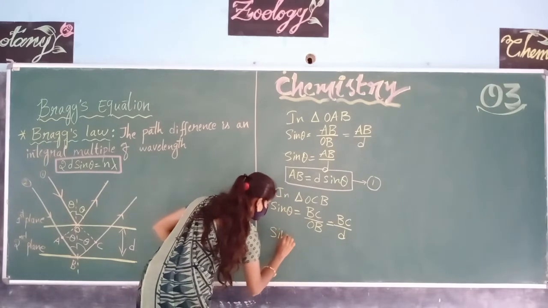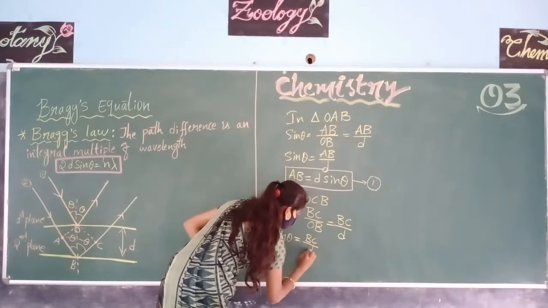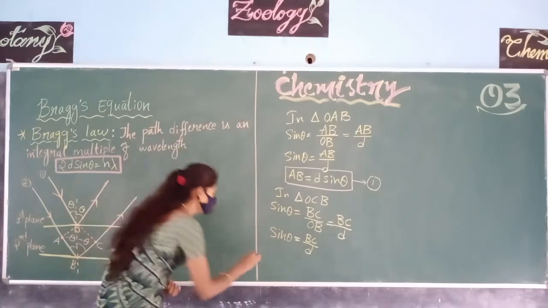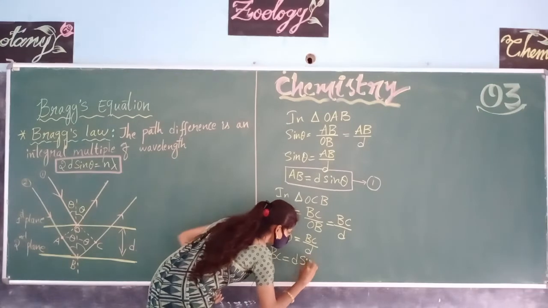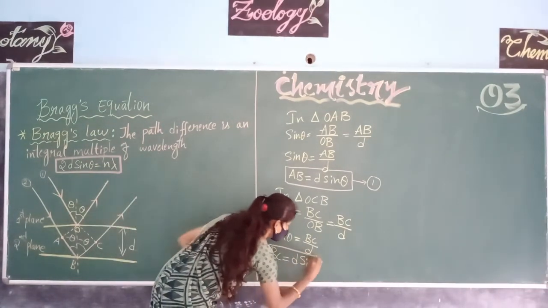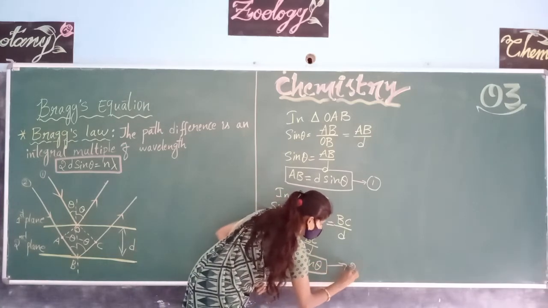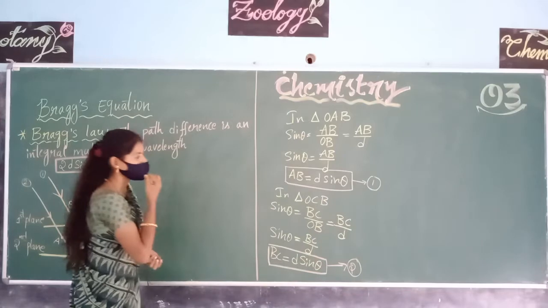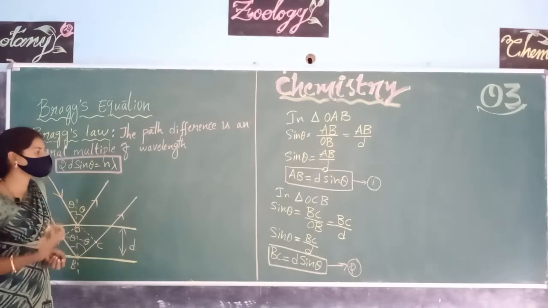So sin theta is equal to BC by small d. So we can write BC is equal to d sin theta. This is considered as equation number 2. So we got equation 1 and equation 2 now.